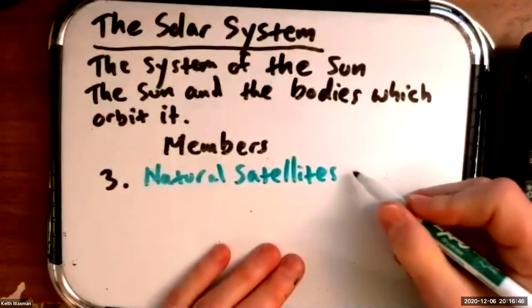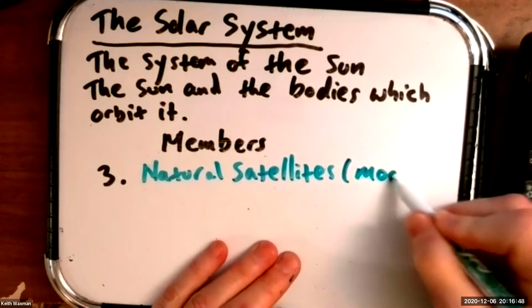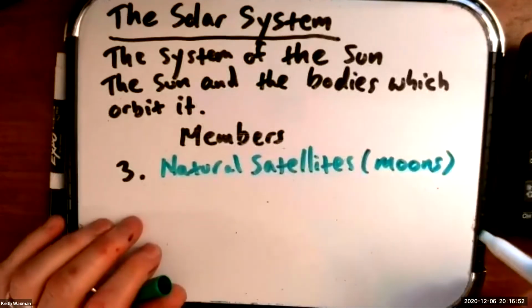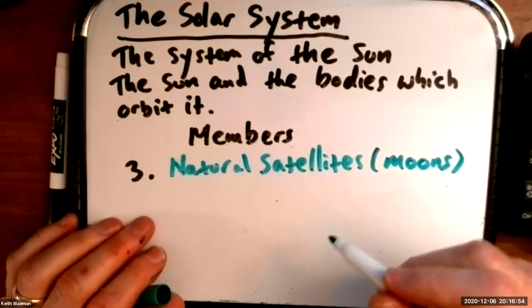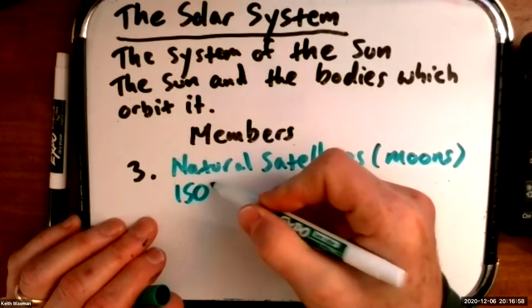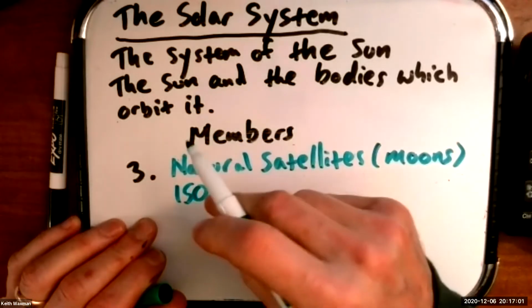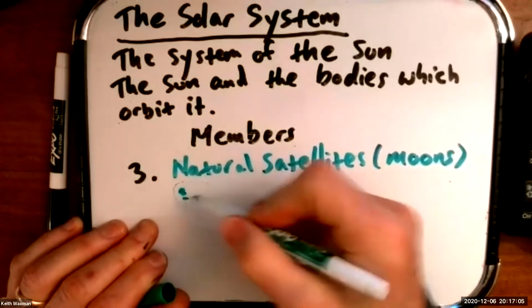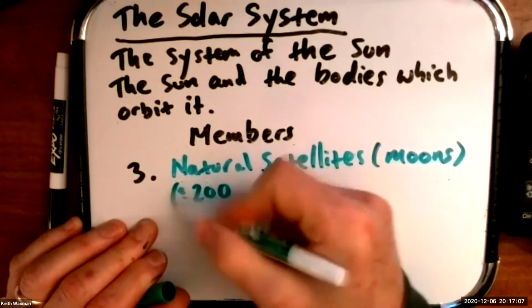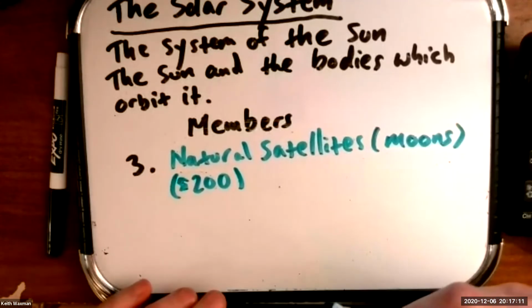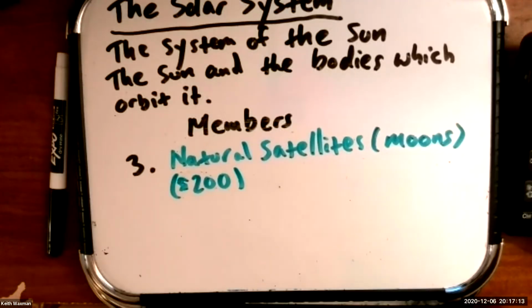Some people call them moons. I don't call them moons, and I'll tell you why. There are probably a lot more than 150 natural satellites, about 200 in the solar system.